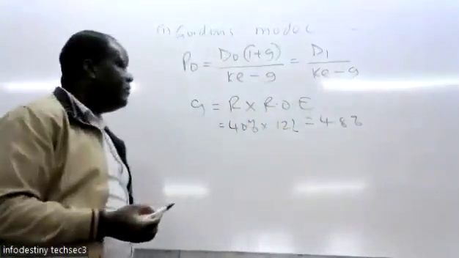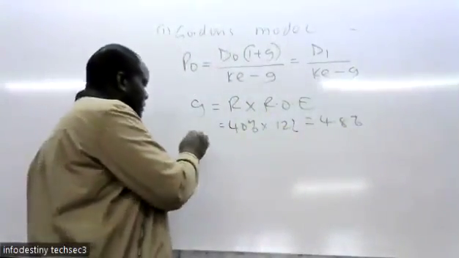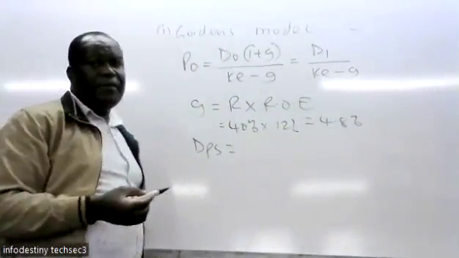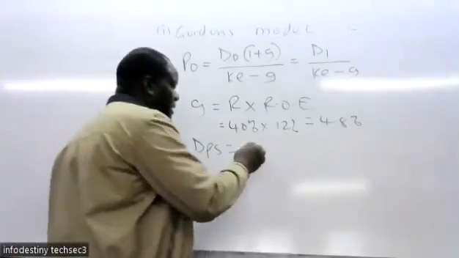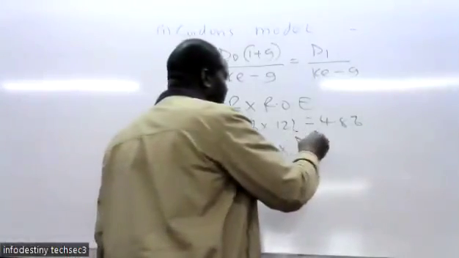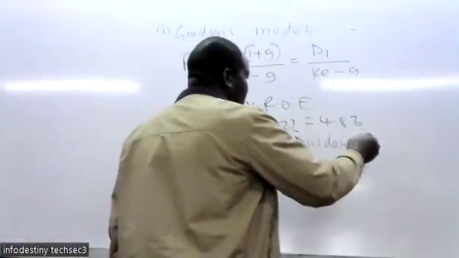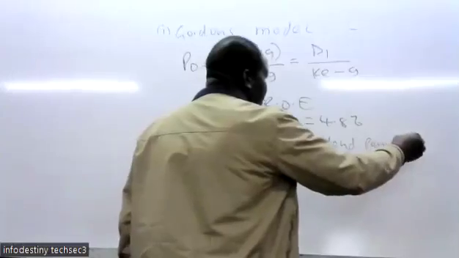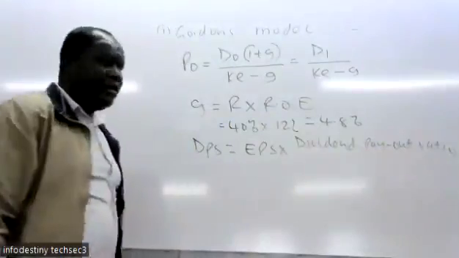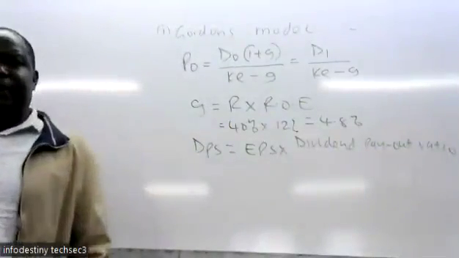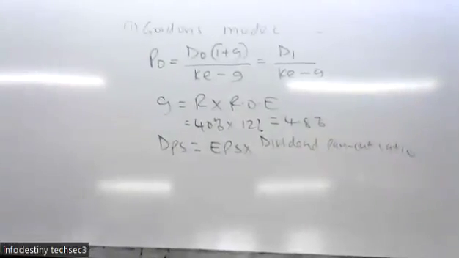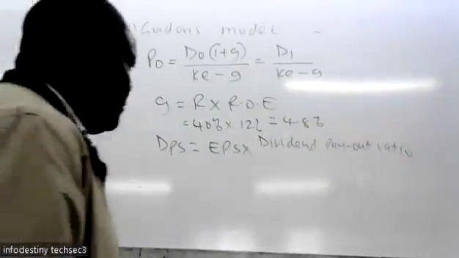The other thing you need to compute is the dividend per share. To get the dividend per share, you simply take earnings per share multiplied by the dividend payout ratio.